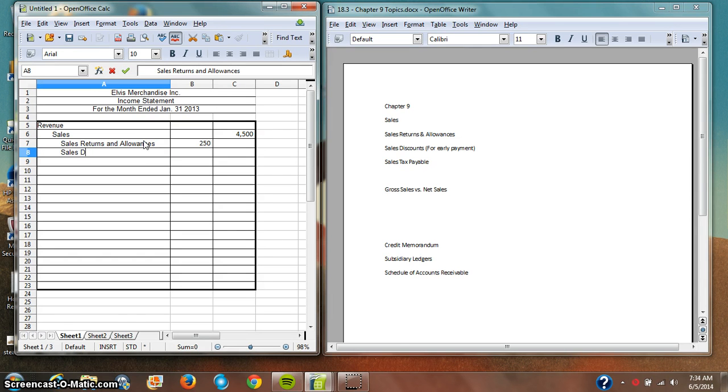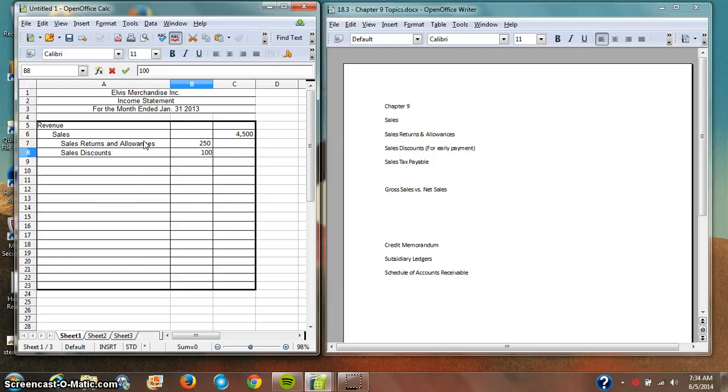And then we had sales discounts. And I'll show you how to use this. This is something where I might have said, I'm going to do this on accounts receivable, and then if you pay me early, then you'll get a discount. That's what this sales discount is for, and we'll talk about that more again when we actually do some problems.